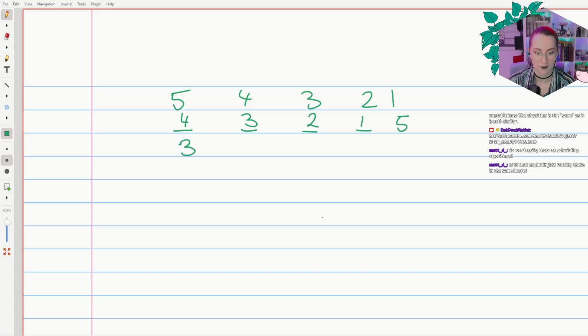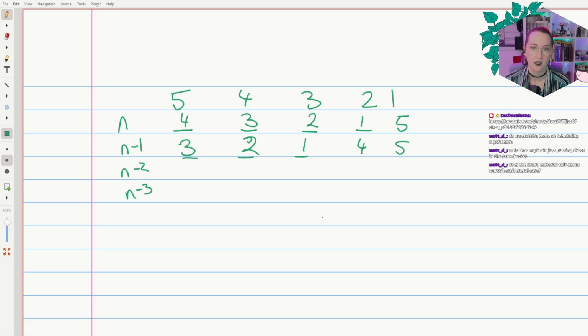So we would compare 4 to 3, 4 to 2, 4 to 1. But every time that we move one up, so here we had n comparisons, here we have n minus 1, we'd have n minus 2, n minus 3. And it would get fewer by 1 each time. So this is the worst case scenario, a fully reversed list.